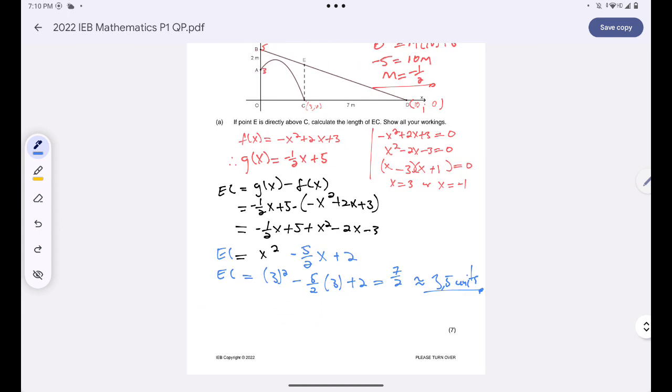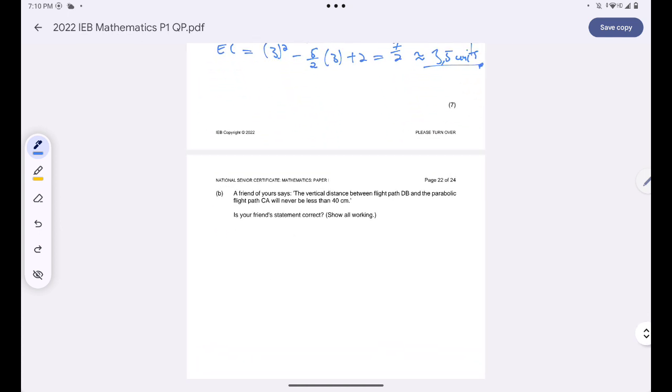And then now let's move. A friend of yours says the vertical distance between flight path DB and the parabolic path CA will never be less than 40. Is your friend's statement correct? For us to conclude whether his or her statement is correct or not, we just need to find our minimum distance.